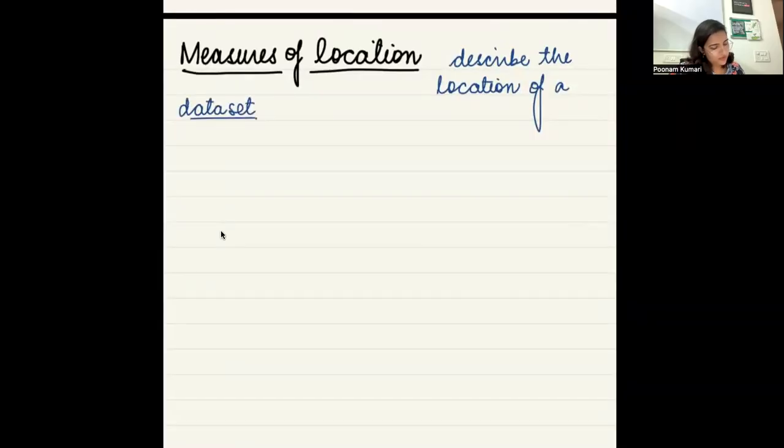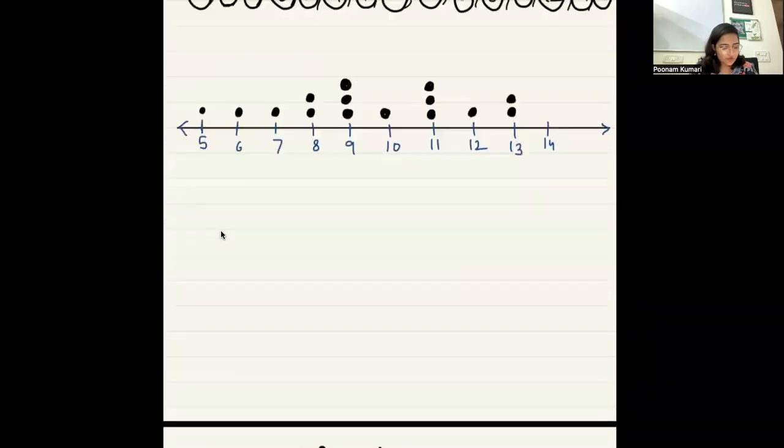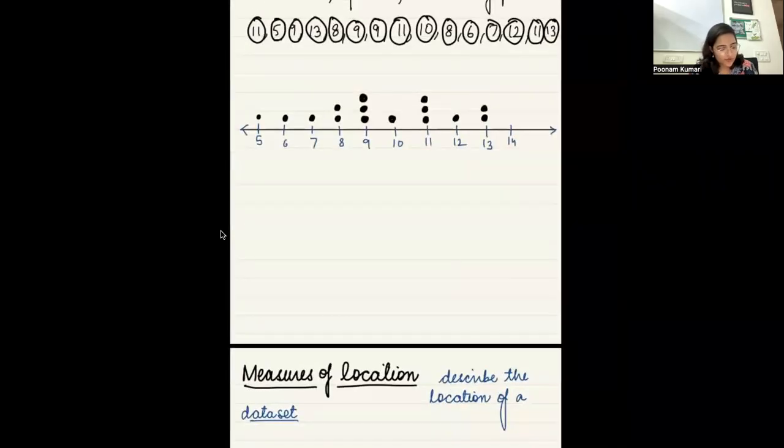Okay, so what is spread and extremes? Spread, as the term means, is how far is your data spread. Is your data very concentrated, or is it like this? This data is very spread out.